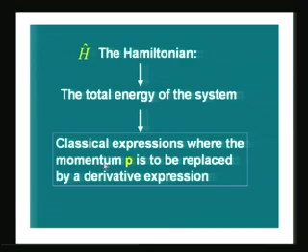The sum of the potential energy and the kinetic energy is known as Hamiltonian, but in quantum systems we are going to replace the classical mechanical expressions by replacing the momentum p in a unique way.